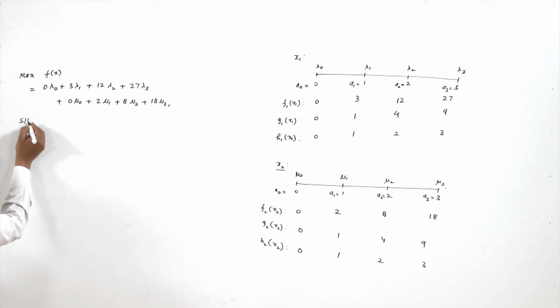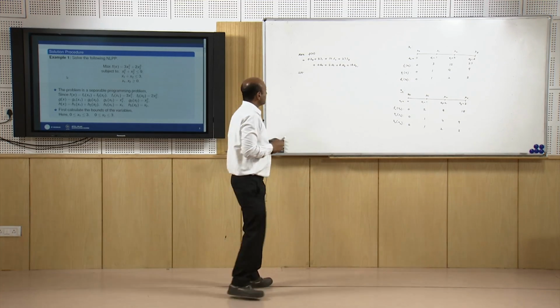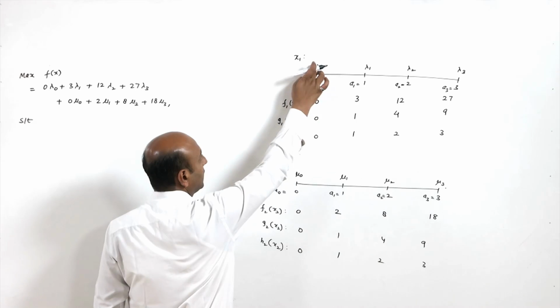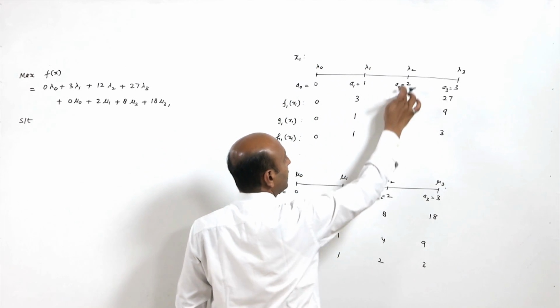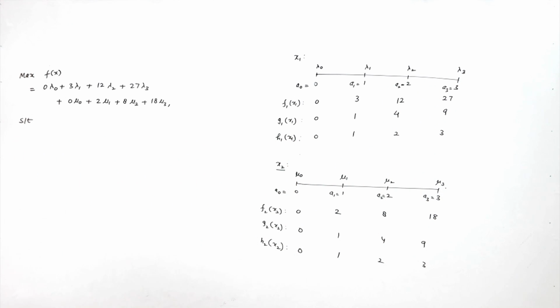Subject to what are the conditions? The first constraint involved the sum of G1 x1 and G2 x2. So, what is the linear approximation of G1 x1? It is 0 into lambda naught, 1 into lambda 1, 4 into lambda 2, 9 into lambda 3. That is lambda naught G1 a naught plus lambda 1 G1 a1 plus lambda 2 G1 a2 plus lambda 3 G1 a3.